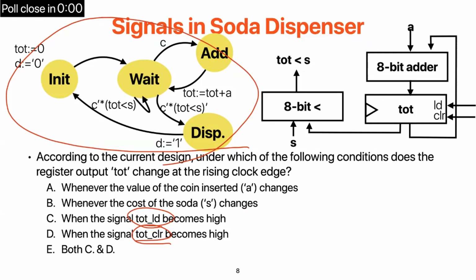Yes, because the high-level state machine has its transitions happening on the rising edge of a clock. Okay, so that would be add. So which of the following conditions would do that? Is there anything here saying about a total load or total clear?